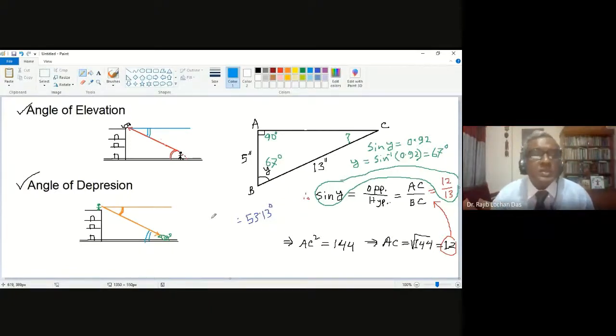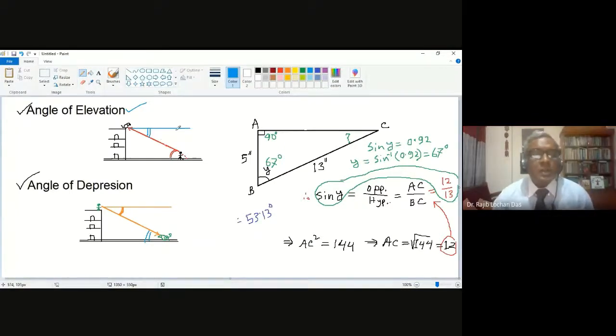Someone is seeing upward, so the angle with the horizontal line will be angle of elevation, because the person is seeing upward. Another case, the person is seeing downward, angle is with the horizontal line again. That is called angle of depression. But in both cases, the two angles are equal in size.